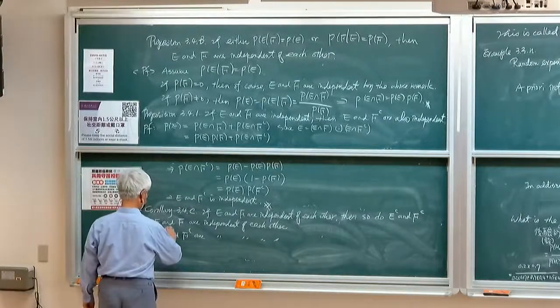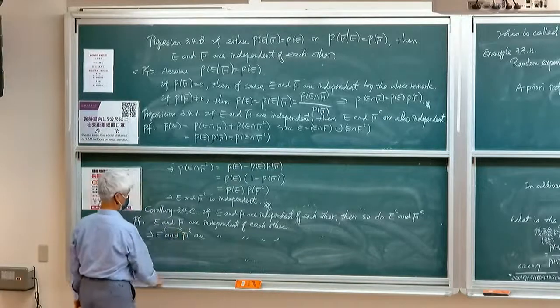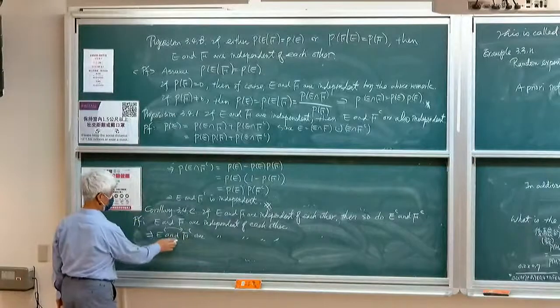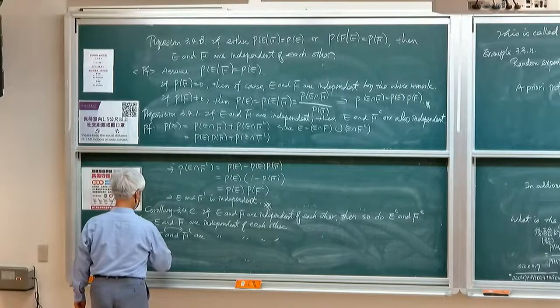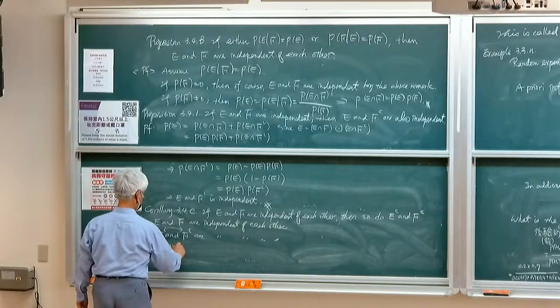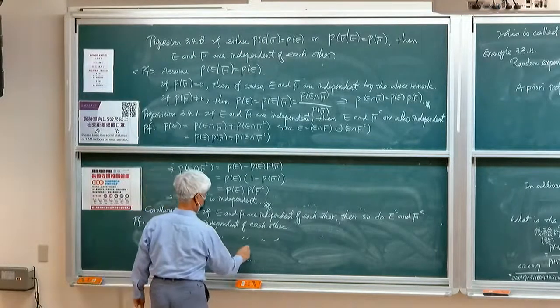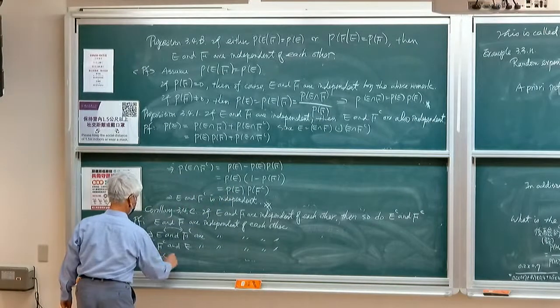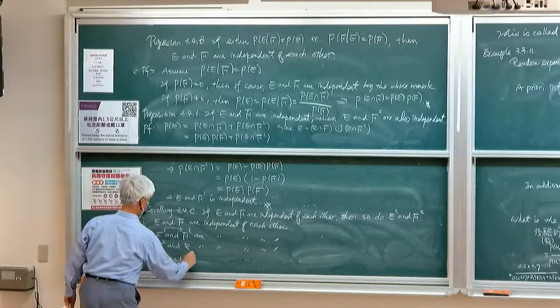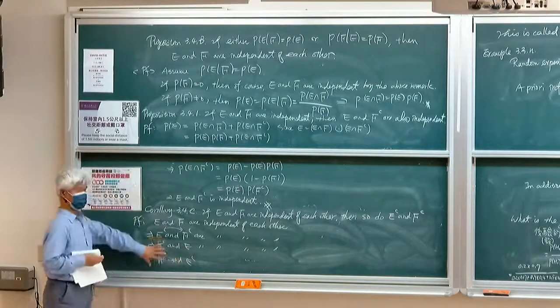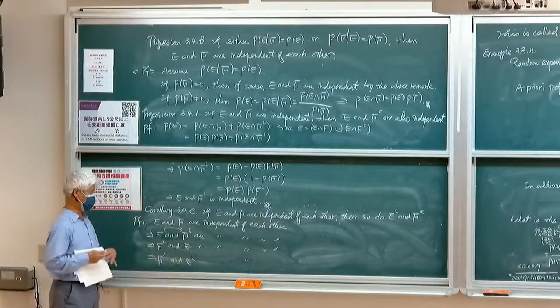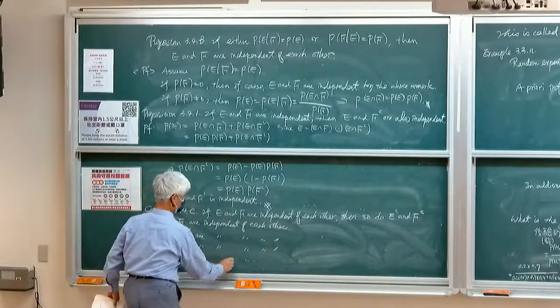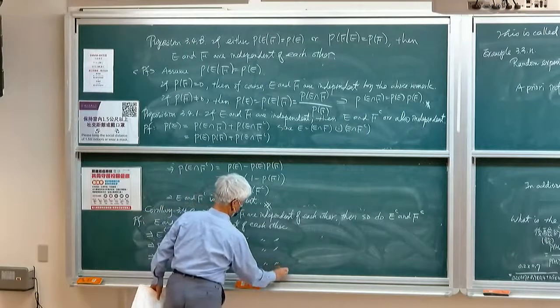Okay, now we switch these two. So F complement and E are independent of each other. And so F complement and E complement, now this is fixed, right? And now we take the complement of E, independent of each other.